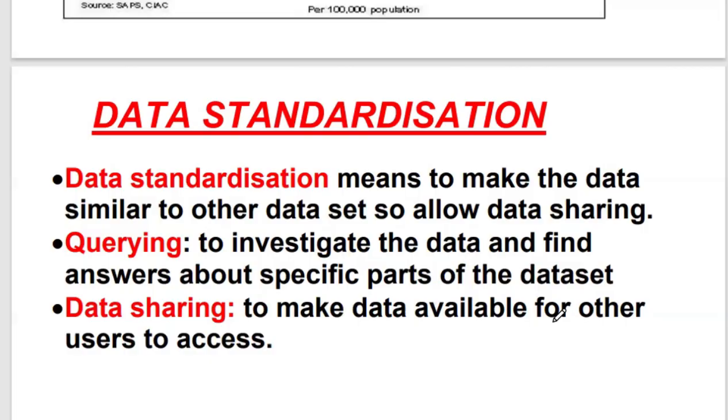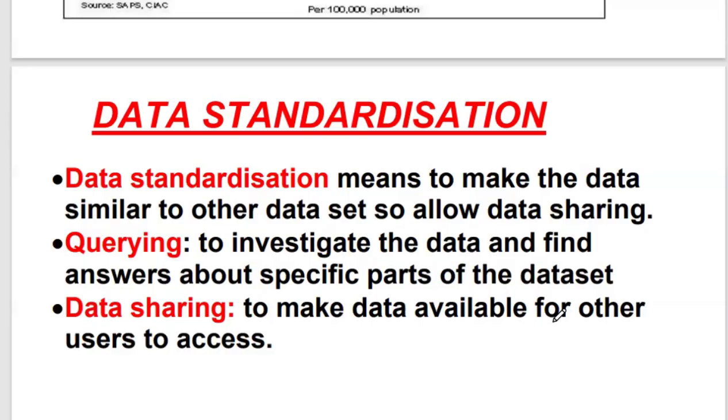If you take a South African topographical map, a Zambian topographical map, a British topographic map, an American topographic map, they are all using the same standard to make data similar, such that when you take a map, you are not confused with the color code because you know blue has been used for water bodies right across.